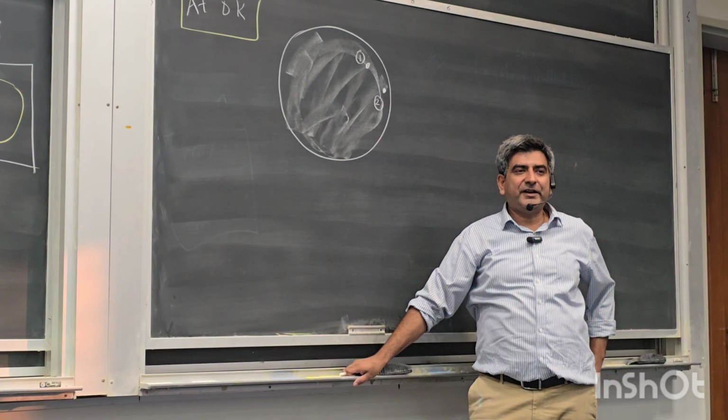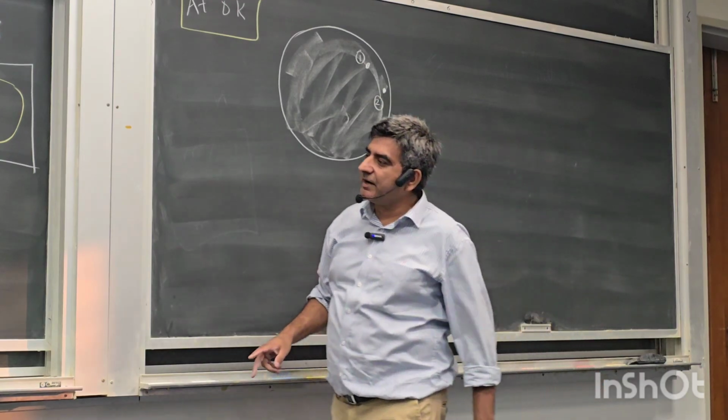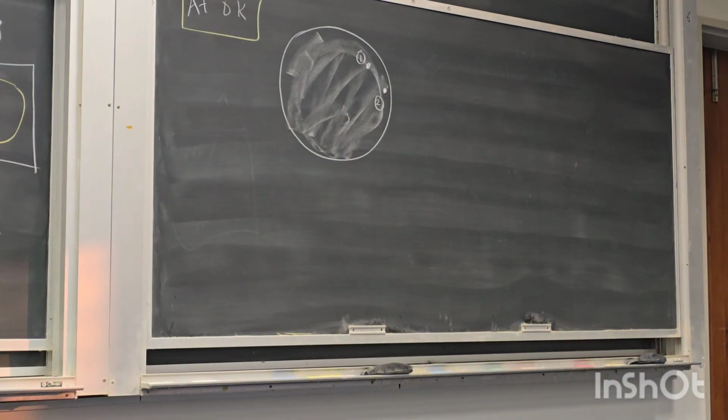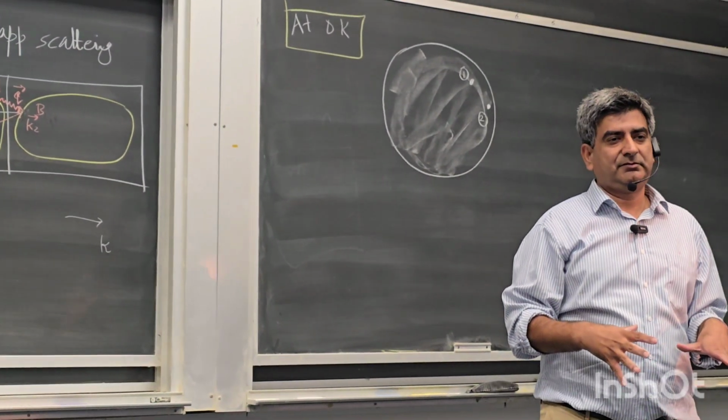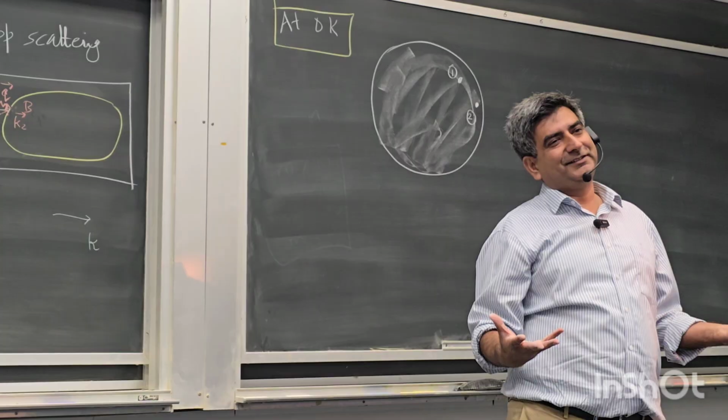Now if a scattering event were to take place, after scattering these electrons k3 and k4 cannot go inside the Fermi sphere because the Fermi sphere is already filled. So they have to go outside.